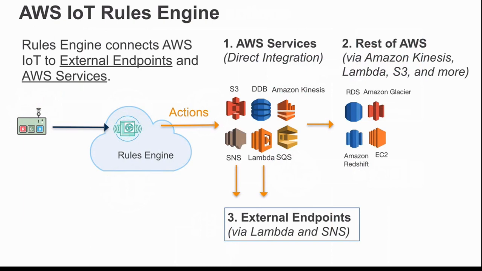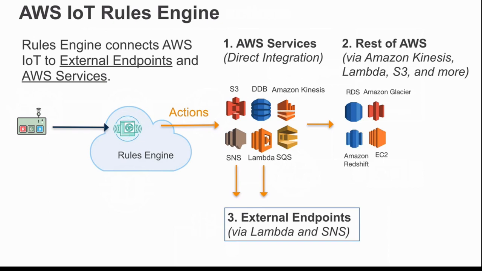Well, the AWS IoT Rules Engine connects AWS IoT to external endpoints and to AWS services. So when setting up new rules within the AWS IoT Rules Engine, the actions for those rules can result in forwarding your AWS IoT messages directly to other AWS services through a direct integration capability.